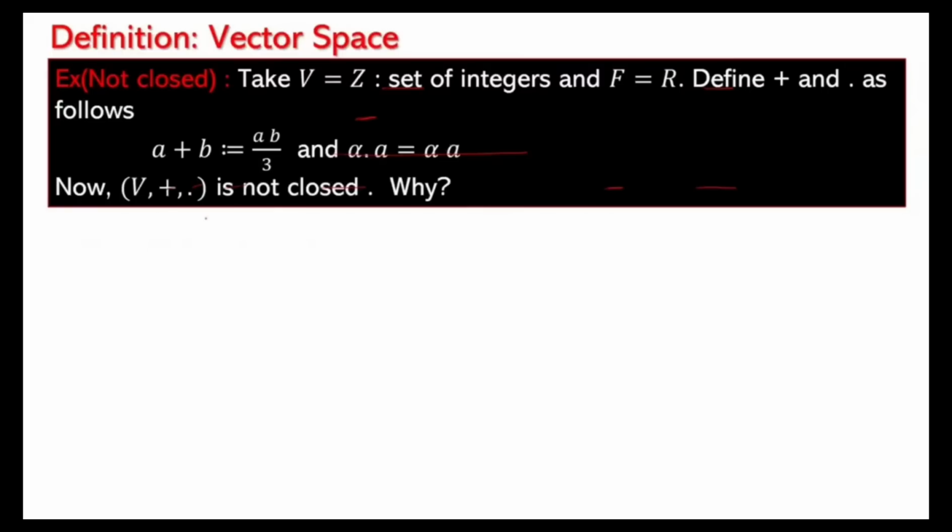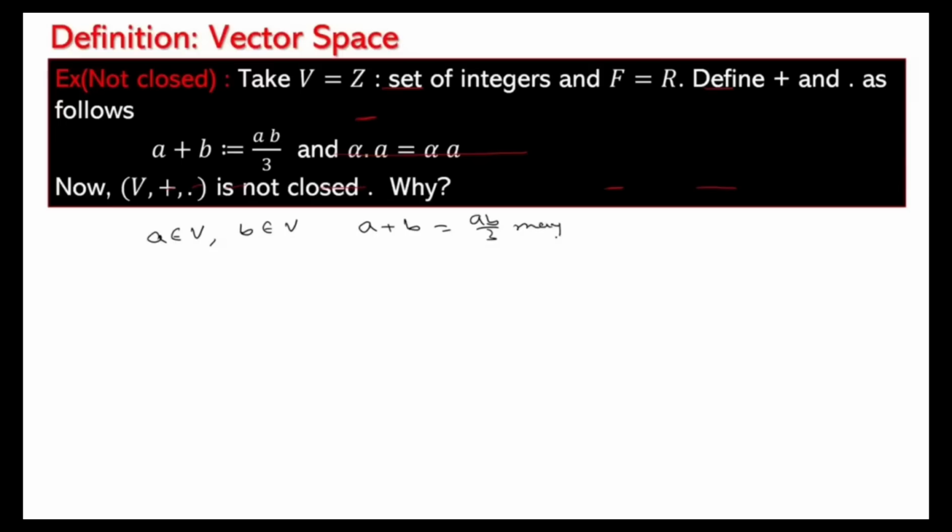Then V with plus and dot is not closed. Why? Because A belongs to V, B belongs to V, then A plus B, which is AB over 3, may not always be an integer.